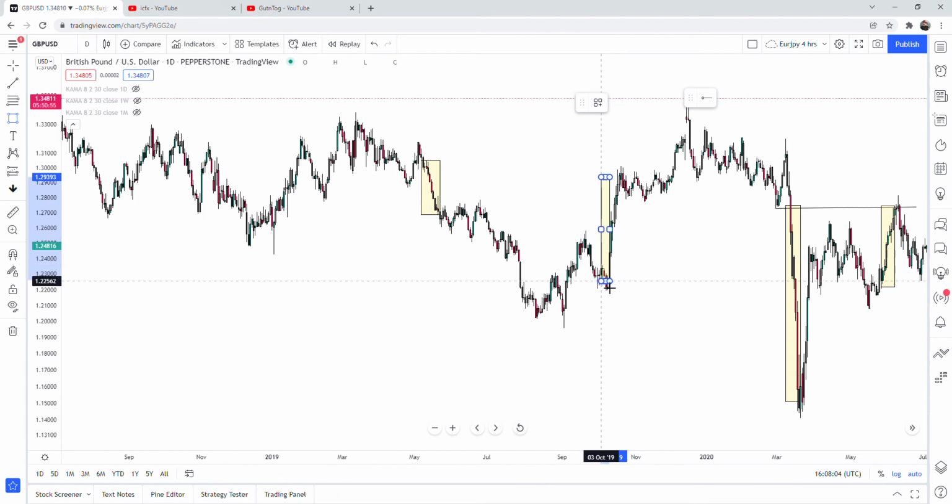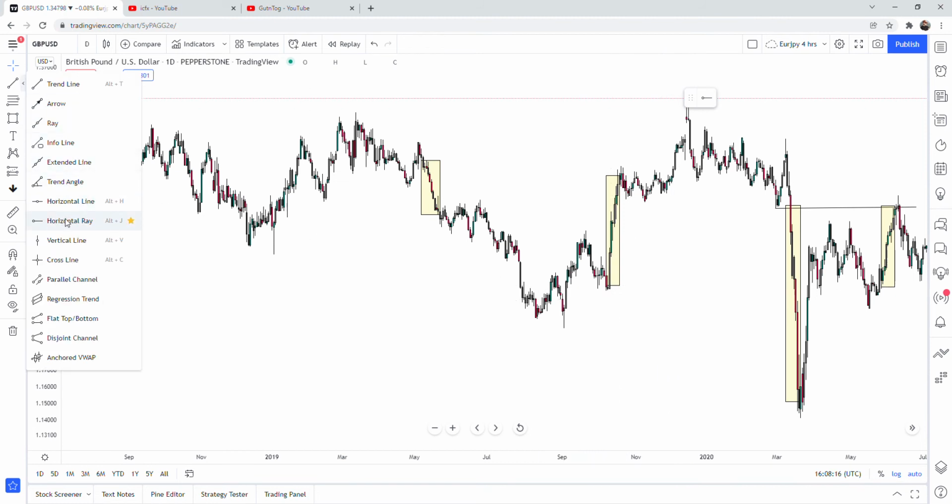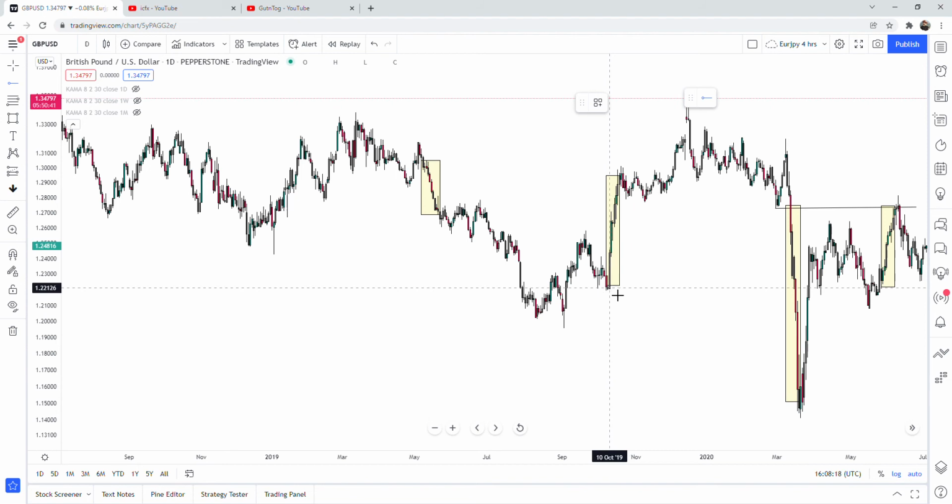Usually the points of release of those thin runs are very sensitive points. Like this one here was the beginning of this thin move, and you see price reacted here and moved up maybe hundreds of pips.